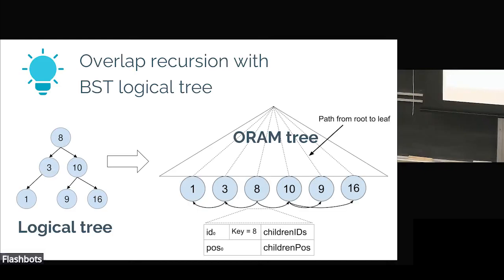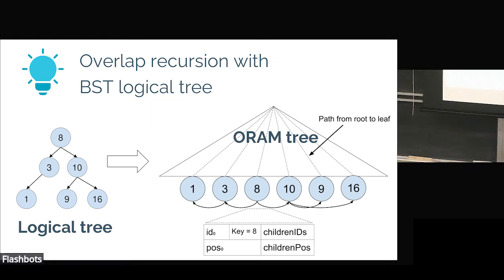A very simple idea for implementing the binary search tree is that we are going to overlap the recursion structure with the logical tree of the binary search tree. On the left-hand side is the logical binary search tree, and on the right-hand side is the ORAM tree. Here, I've coalesced all of the recursion trees into a single tree.